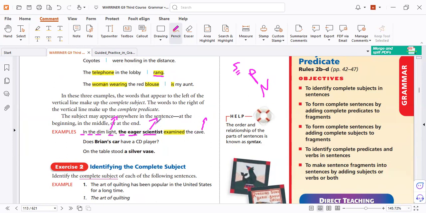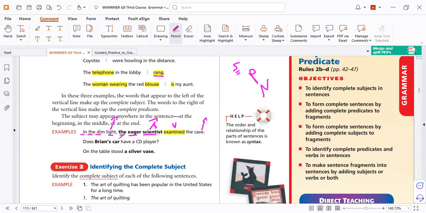The scientist. Not the cave examines, the scientist. Not light examines. You see? So here scientist is the subject and examine is the verb. So this is the first technique of how to know the subject easily by using logic.